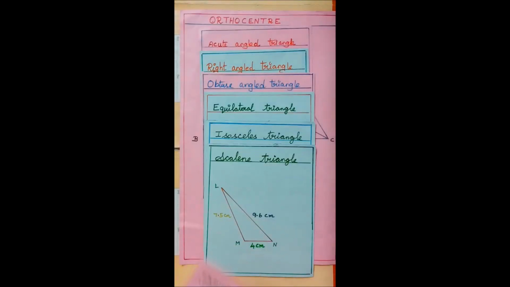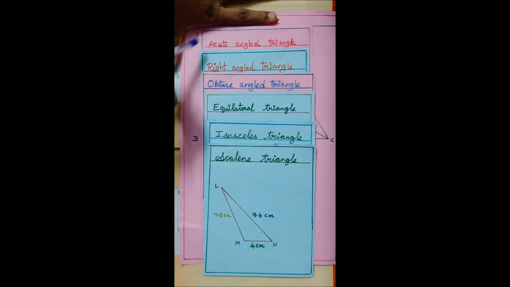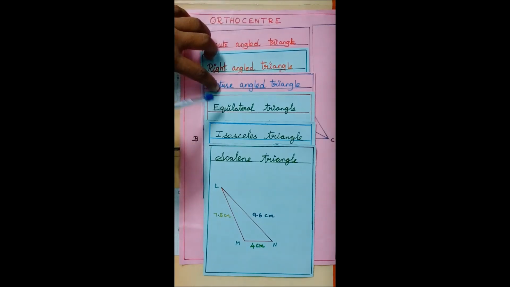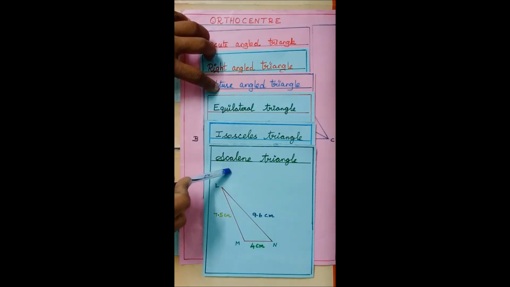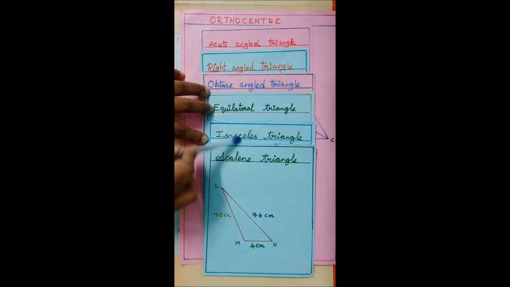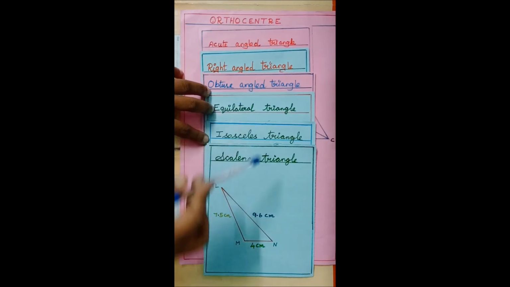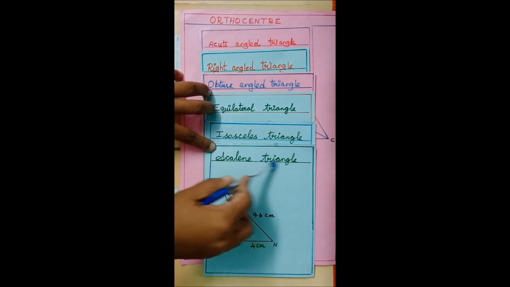Next we are going to see types of triangle. What are the types of triangle we have seen? Acute angled triangle, right angle triangle, obtuse angle triangle, equilateral triangle, isosceles triangle and scalene triangle. These 3 are based on sides. What is meant by scalene triangle?